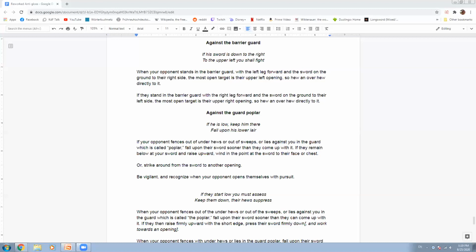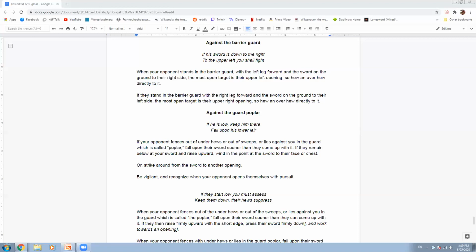So where that comes from is, yeah, it's in all the glosses. In Danzig, you have the counters to the Zwerhau, in which your opponent does a Zwerhau to the other side, and you go either under them or slice them or whatever.